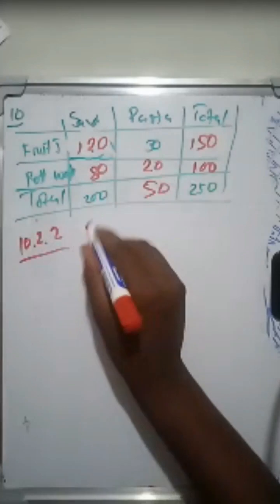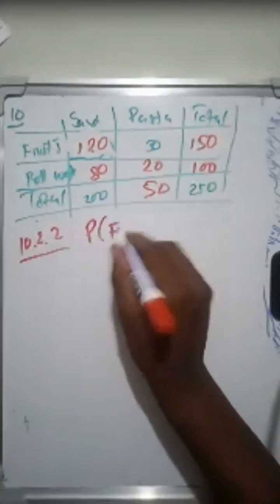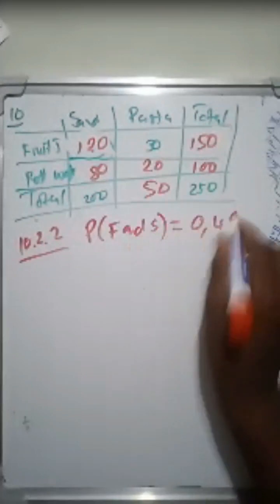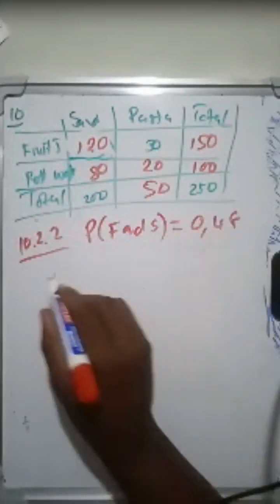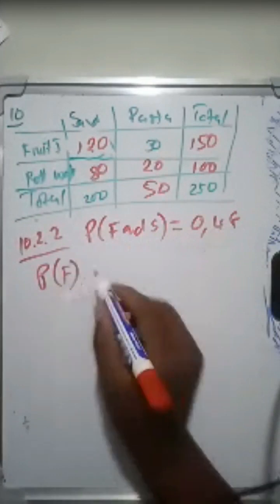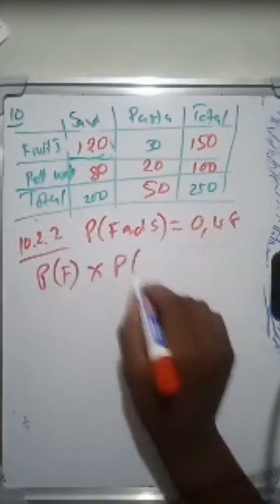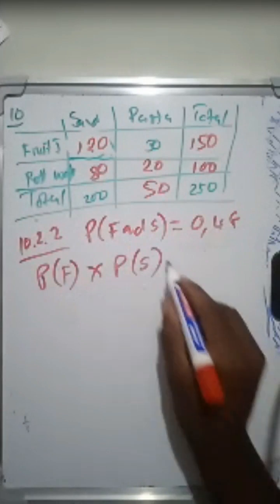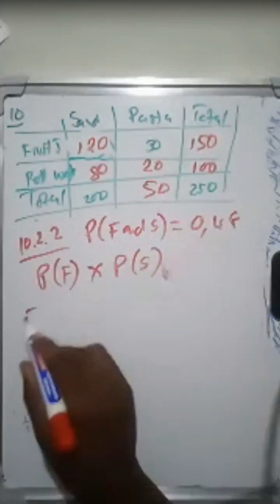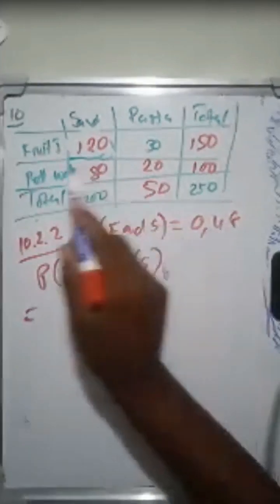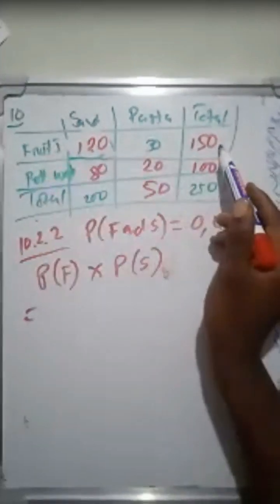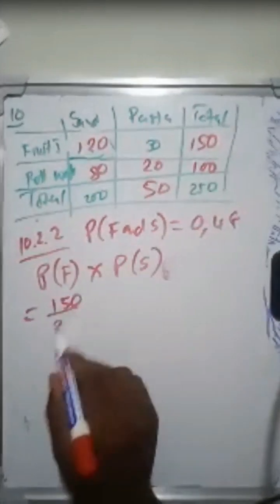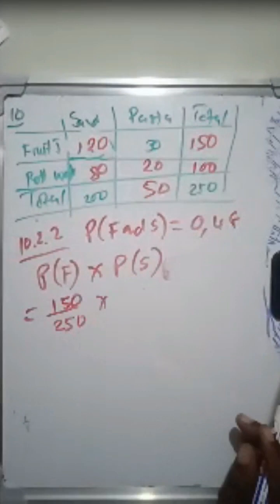And we know that the probability of fruit juice and sandwich, we are given 0.48. Right? So now we want the probability of fruit juice times the probability of sandwich to check if they are independent. What is the probability of fruit juice? What is the total for fruit juice? It's 150.